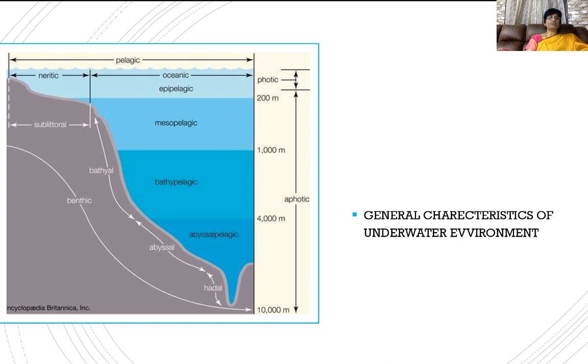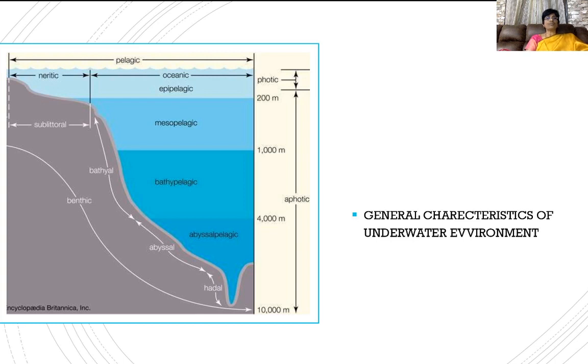There are two regions, namely benthic and pelagic. The benthic again divides into sublittoral, bathyl, abyssal, and hadal. The pelagic again divides into epipelagic, mesopelagic, bathyl pelagic, and abyssal pelagic.